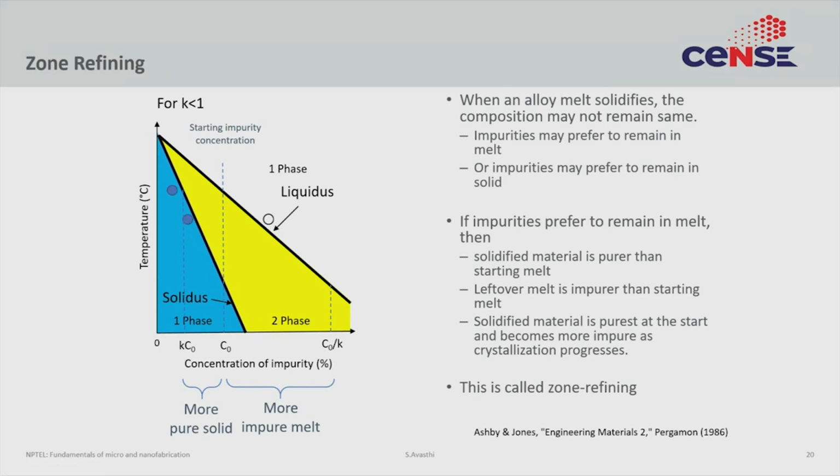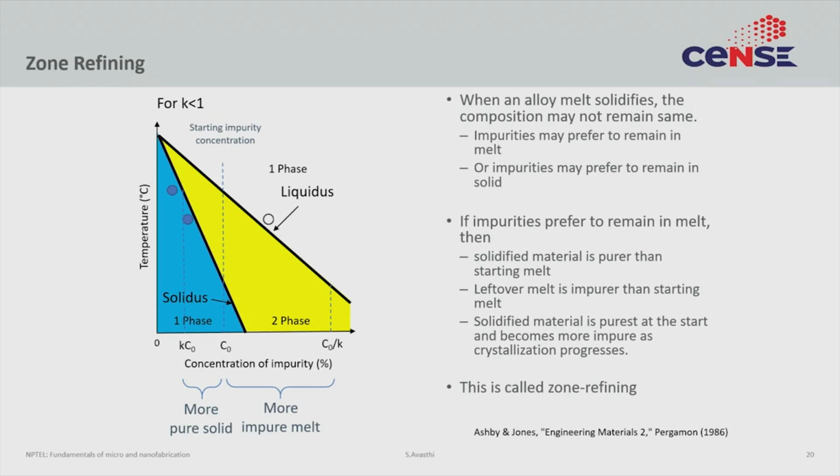So, what has happened is the average remains the same, but when you solidify from a melt, the impurity concentration in the solid is lower than the impurity concentration in the liquid. So, in some sense the impurity wants to remain in the melt more than it wants to remain in the solid, and that tendency of the impurity is what allows us to form a purer solid.